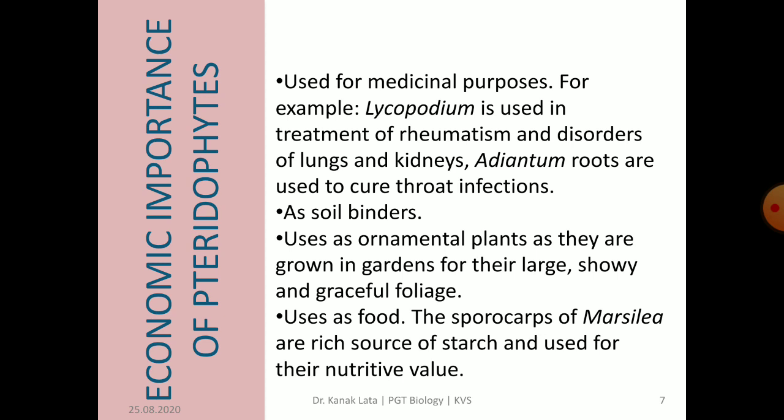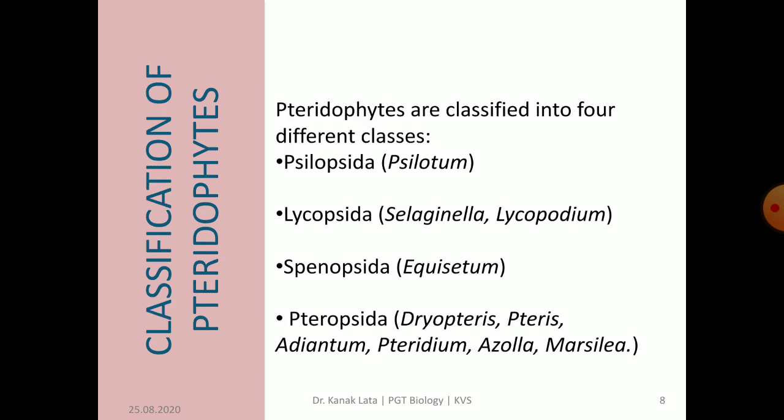They are also used as soil binders, meaning they hold the soil and prevent it from being eroded, thus helping in preventing soil erosion. Pteridophytes have ornamental value also. Many ferns are grown as ornamental plants in gardens for their large, showy, graceful and beautiful leaves. They are also used as food. The sporocarp of Marsilea is a rich source of starch and used for its nutritive value.